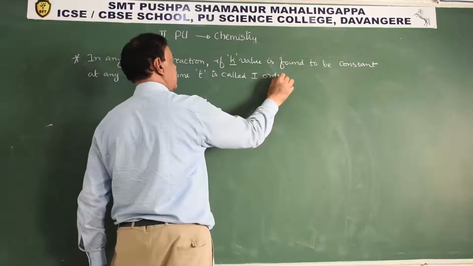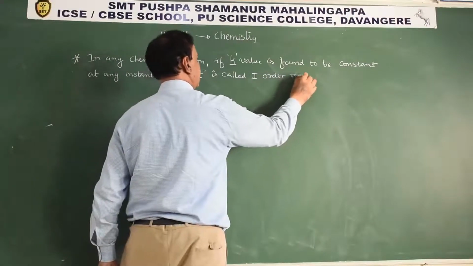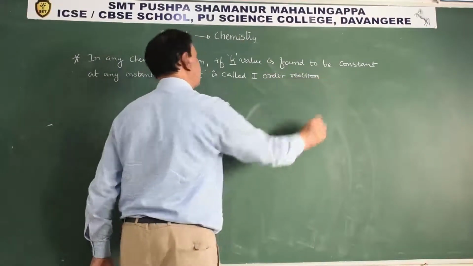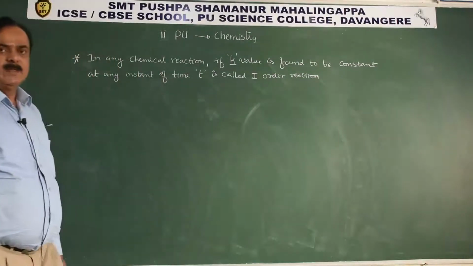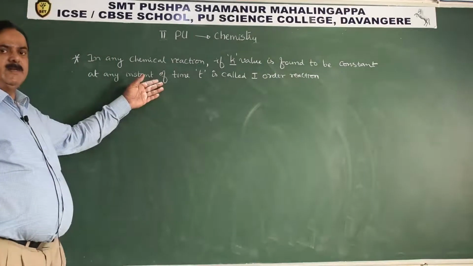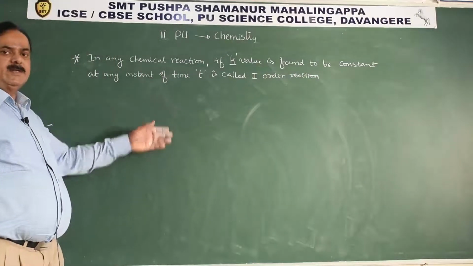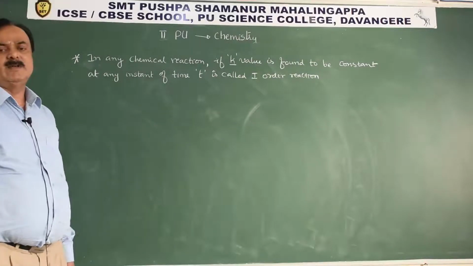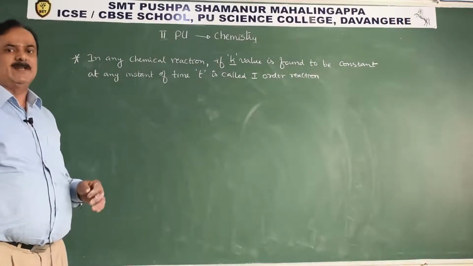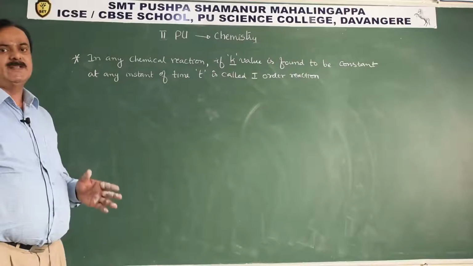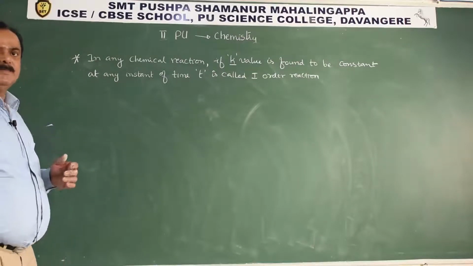You have to calculate the K values at any instant of time t, about 10 minutes or 20 minutes or 30 minutes and so on. If K is found to be constant, then the reaction is said to be first order chemical reaction.